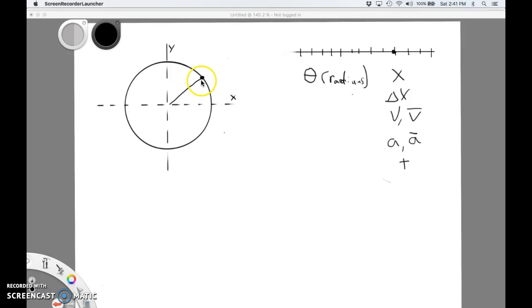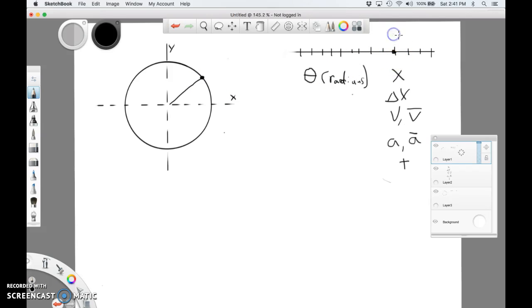Okay, so let's go back to translation. So if you had started, say, at this position, we'll call it x1, and you went to some other position, x2, if you subtract those, x2 minus x1, that would give you displacement, okay? Well, the same thing happens here.